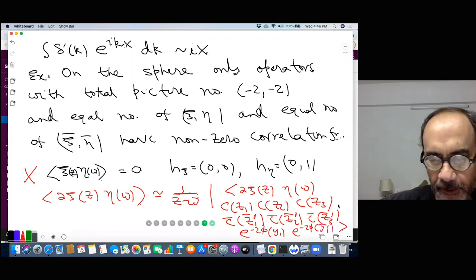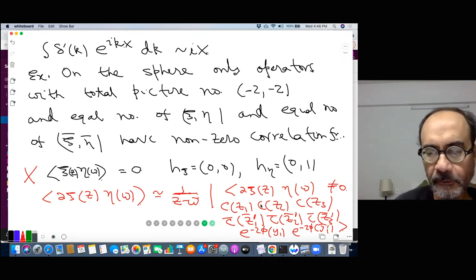This can be non-zero. You cannot apply the argument on ξ(z) η(w) times this. Is this clear?